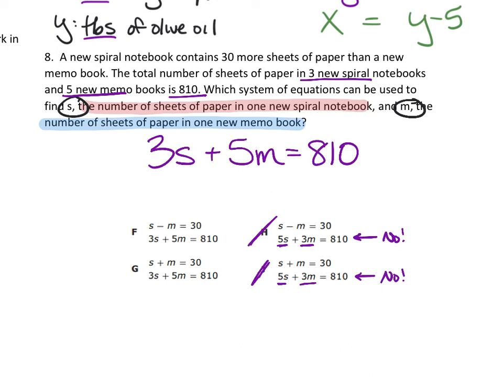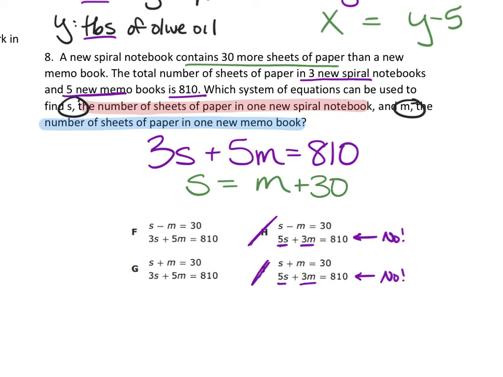It says a new spiral notebook contains 30 more sheets of paper than a new memo book. So if I was trying to balance these things out, which one is already having more? It says the spiral notebook has 30 more already. So which side am I going to have to add 30 to get this to actually be equal? If this side is already more, I'm going to add the other 30 to the M.